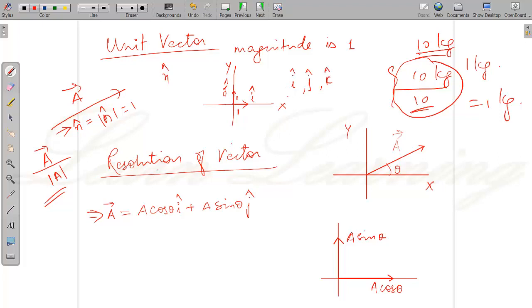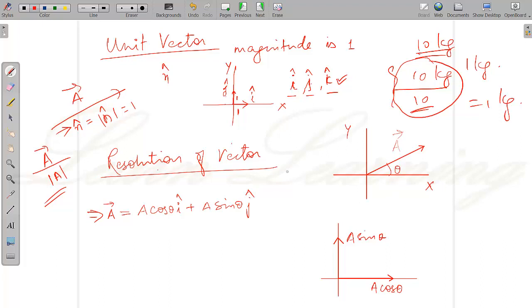These are the unit vectors represented along the x-axis, y-axis, and z-axis. That means the direction of this vector is along the x-axis and its magnitude is 1. Similarly, the direction of this vector is along the y-axis and the magnitude is 1, and the magnitude of this vector is 1, and it is along the z-axis.